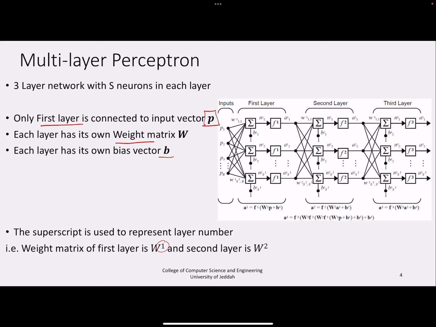We will be using superscripts for the weight and bias matrices and vectors and for the output vectors of each layer to represent the layer number. These are not exponents, and should not be confused with exponents, in this section at least.